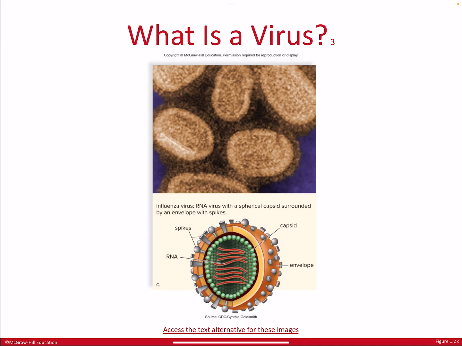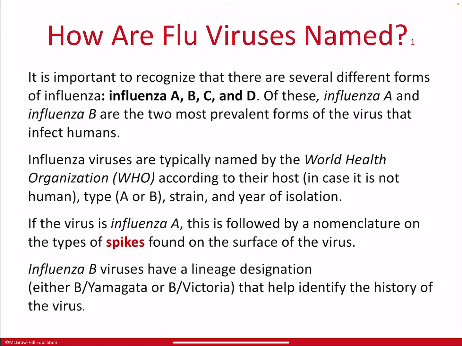This is the influenza virus. Influenza viruses have these copies of RNA. They have a capsid surrounding it. So this is the capsid in here. They have an envelope, remember, made of a host cell membrane. And then they have these little spikes, and these little spikes help it to attach to new host cells.